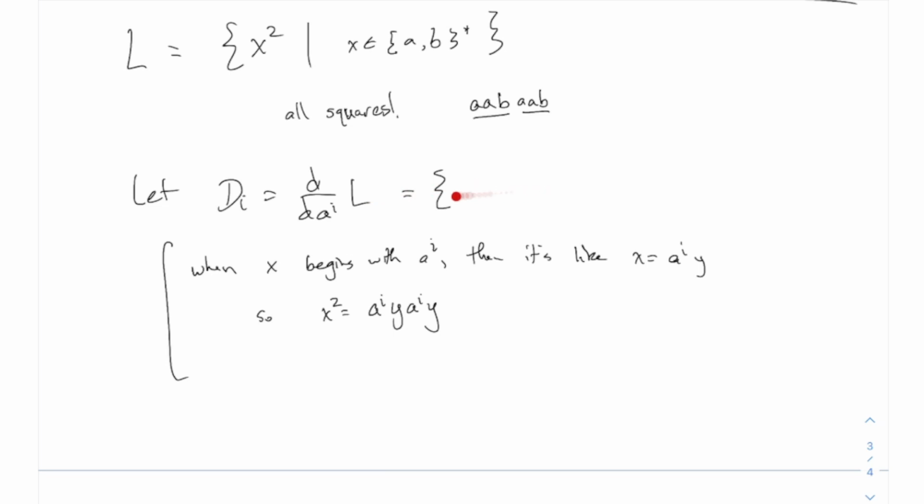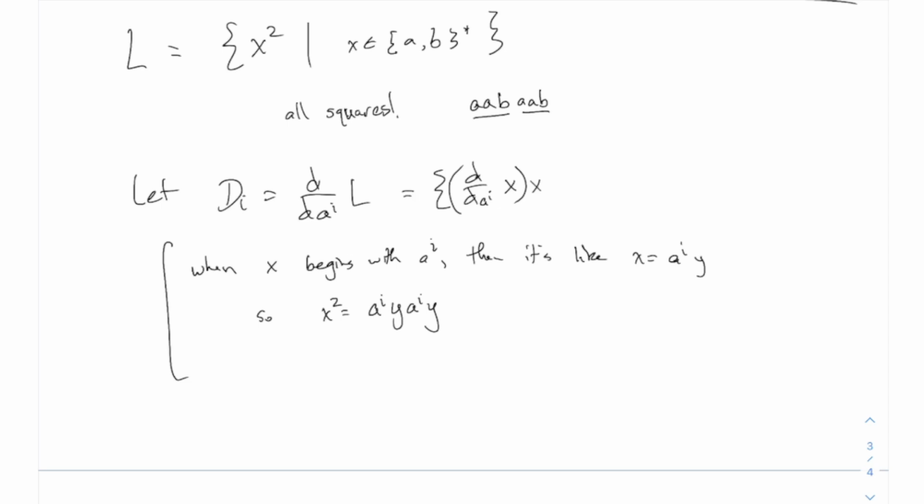Are you telling me what to write right here? Yeah. Derivative of x, okay. By A to the I, yeah, x. Just x. Okay. And then x after, I don't know how to write that. Multiplied by x. Like that? Yeah. Okay. Yeah, I guess so.